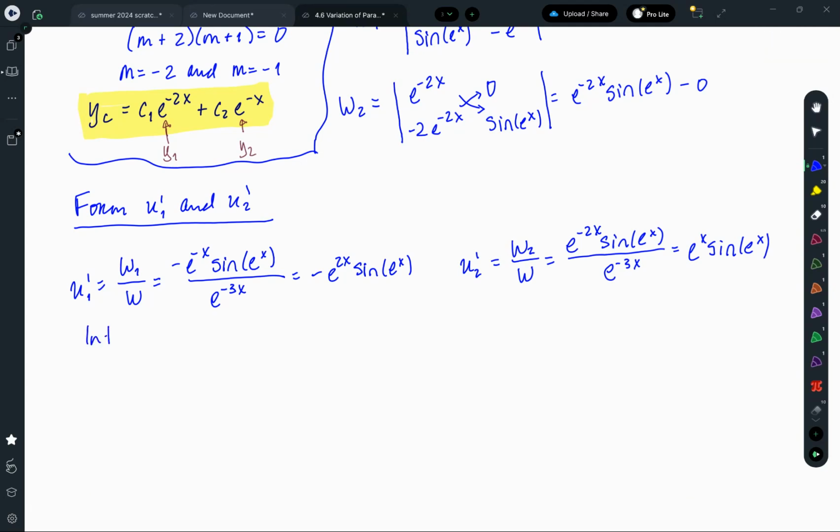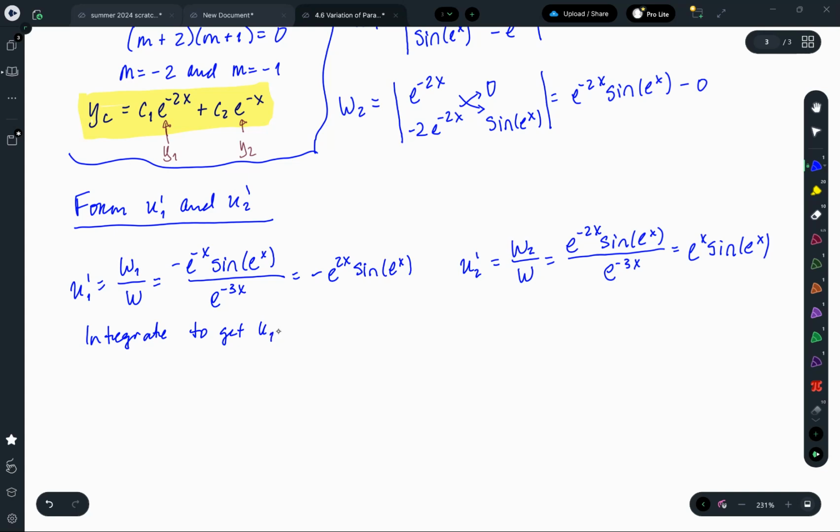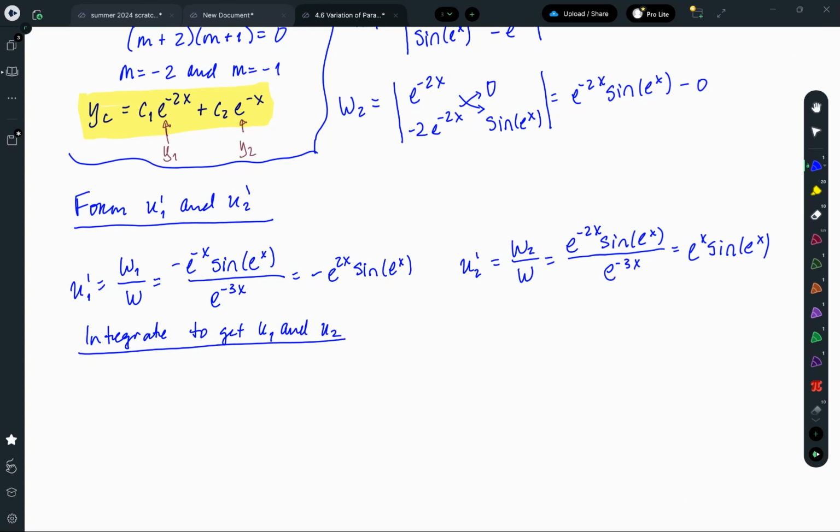We can now integrate to get u1 and u2. All right, so u1 will be the integral of u1 prime dx. So we're looking at the integral of a negative e to the 2x sine of e to the x dx.